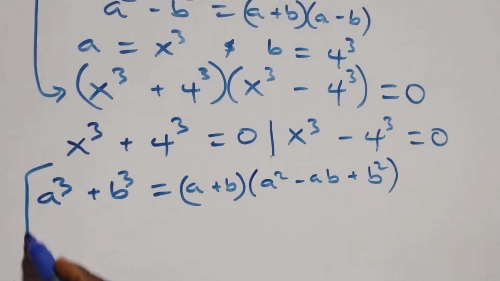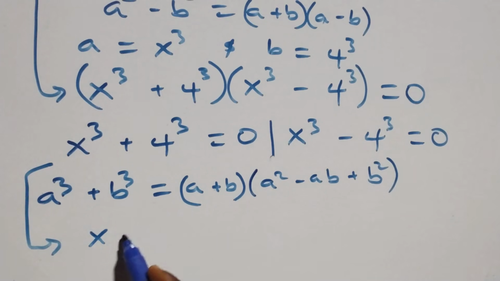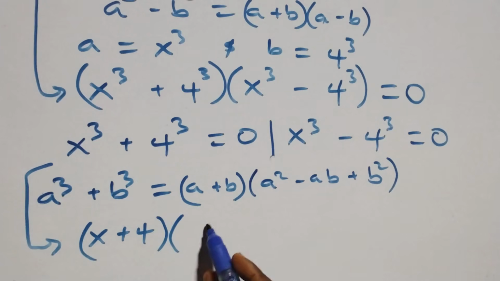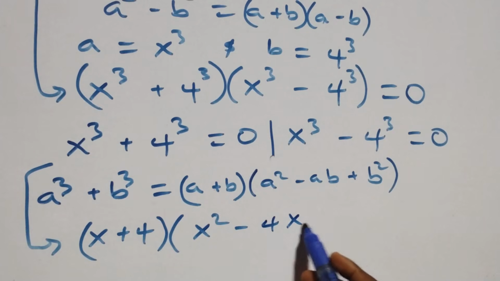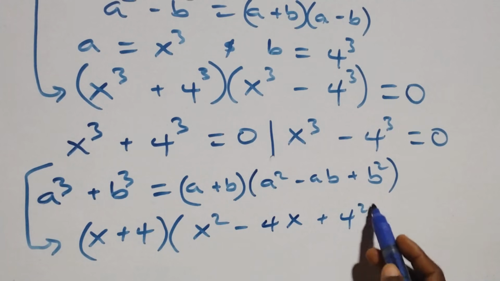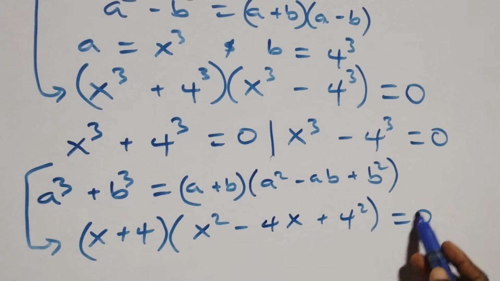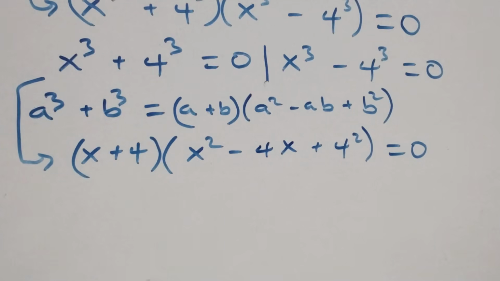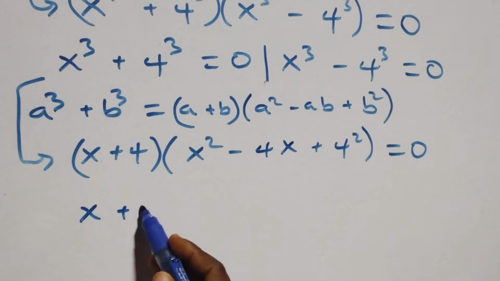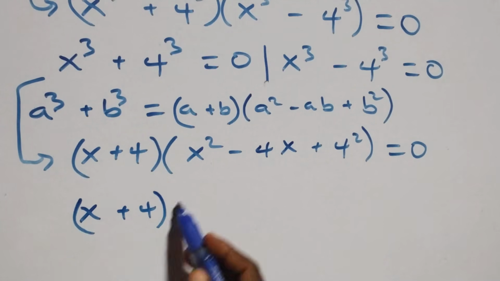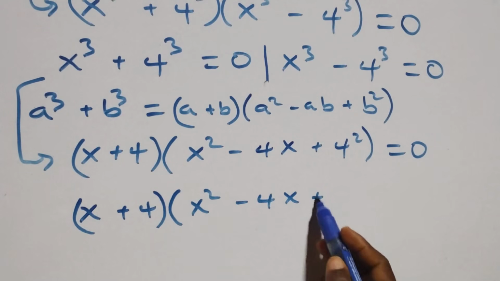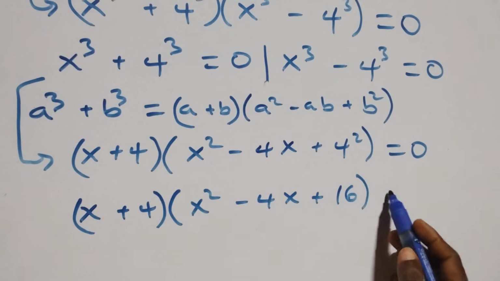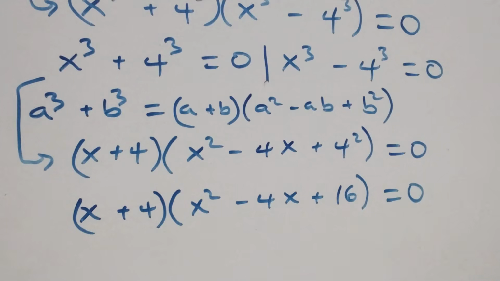That is, all we have becomes x plus 4 into open bracket x squared minus 4x plus 4 squared, close bracket, equals 0. This is the same thing as x plus 4 into open bracket x squared minus 4x plus 16, close bracket, equals 0.